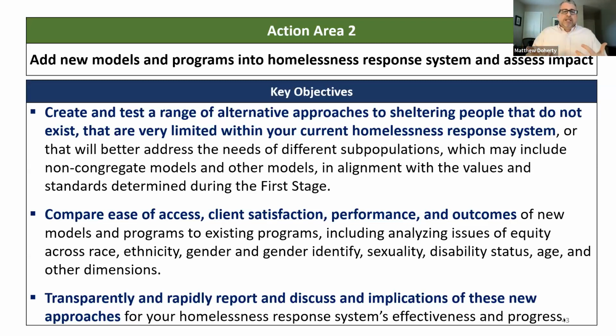And then be transparent and rapidly report what you're finding, so that the community can trust you. I think Claudine just talked about a feedback loop as one example, but this is another place where feedback and transparency are really important, for knowing that you're trying something different and that people can trust you're going to be accountable and honest about what happened, what was achieved, what worked and what didn't work.